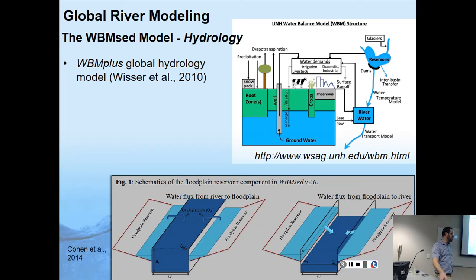One thing that we did incorporate in what we call WBM SED, which is the sediment component, which I'm actually quite proud of, came out in a later paper. What we were trying to do is think about flooding and how flooding is influencing global hydrology and water transport in rivers.